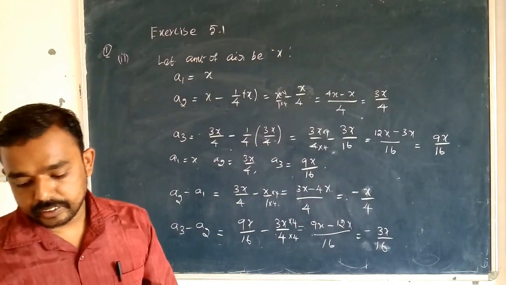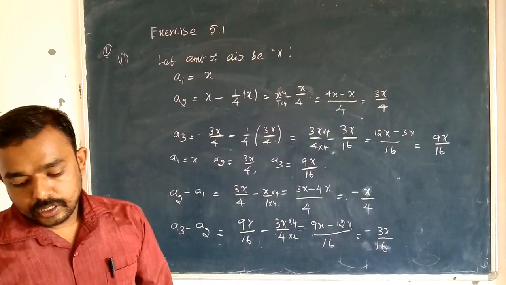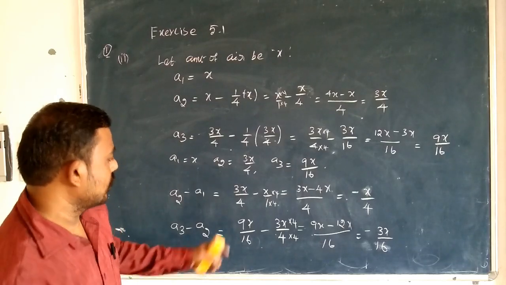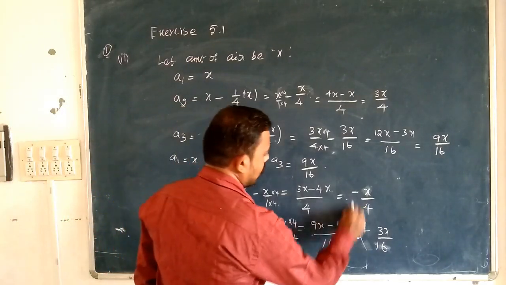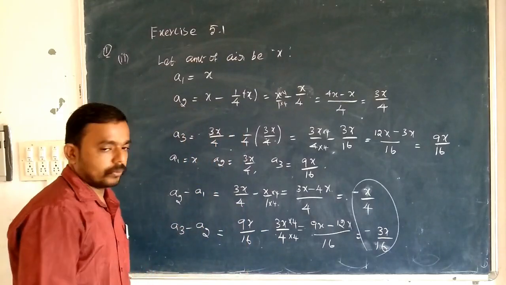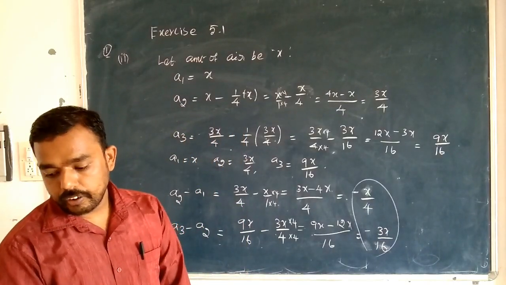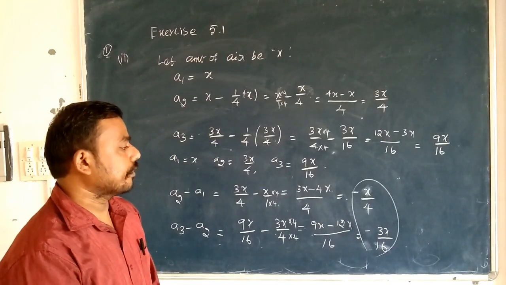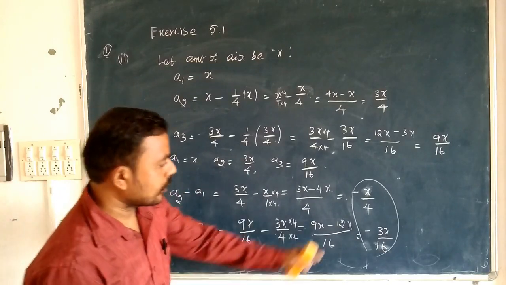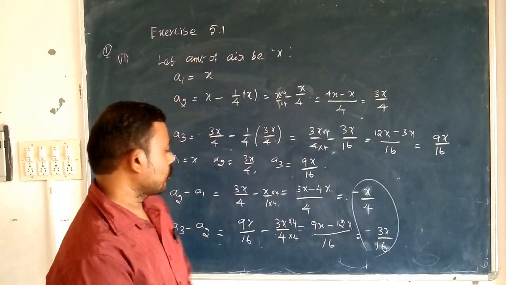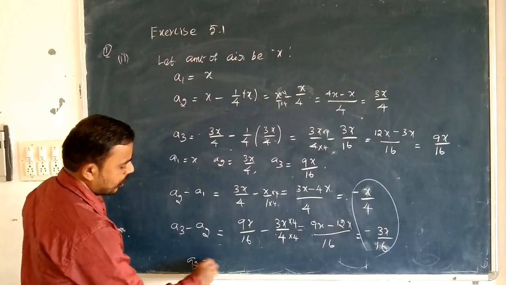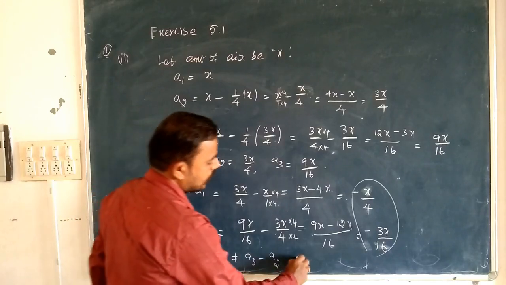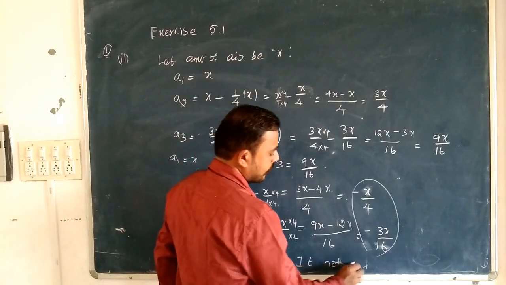Here you can give the easiest answer. So comparing A2 minus A1 and A3 minus A2, the amount of air remaining in the cylinder definitely does not form an arithmetic progression because D is not equal. Here A2 minus A1 is not equal to A3 minus A2.